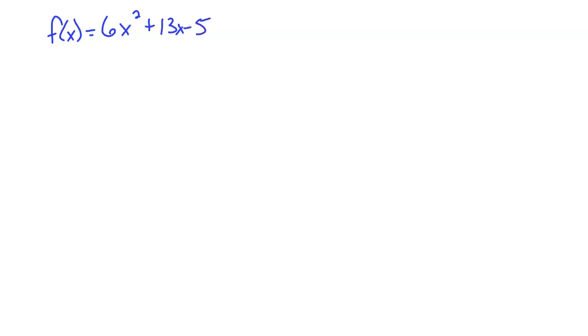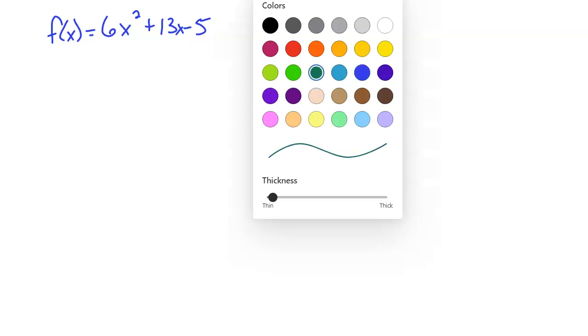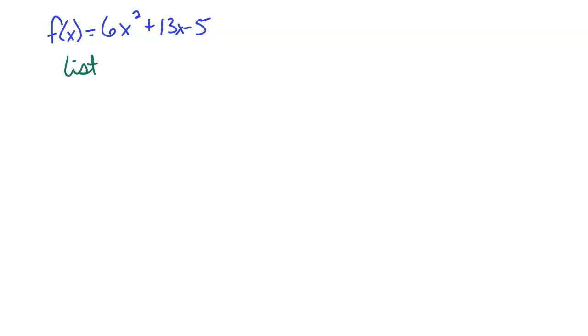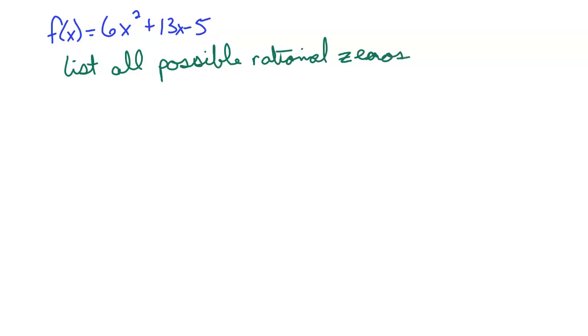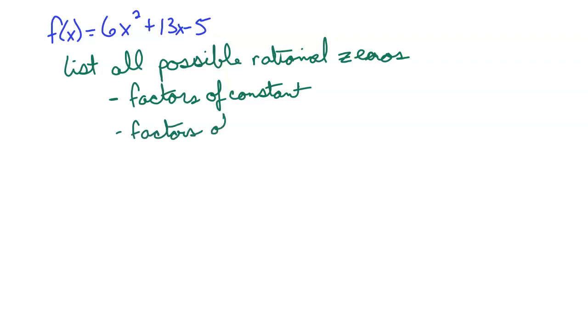Well, we could factor this, but let's just start by listing all possible rational zeros. And so what we have to do first is find all of our factors of our constant, and we have to find our factors of our leading coefficient.